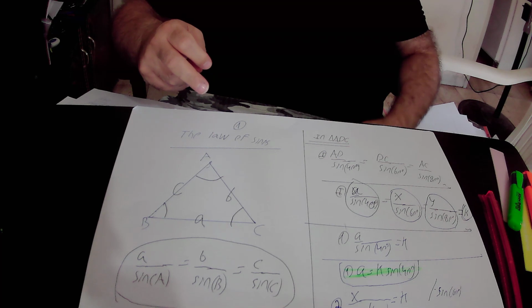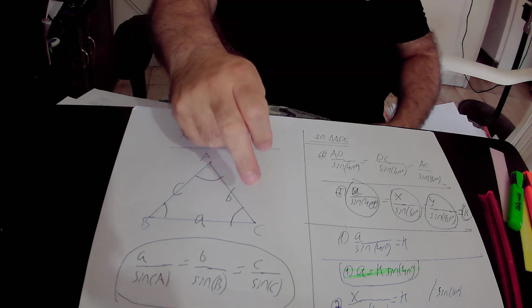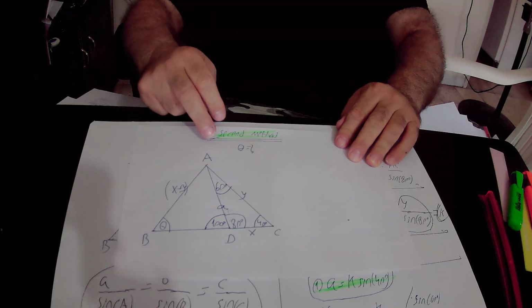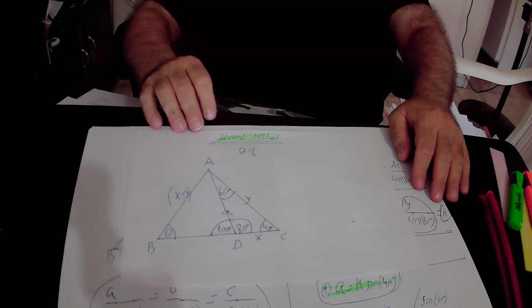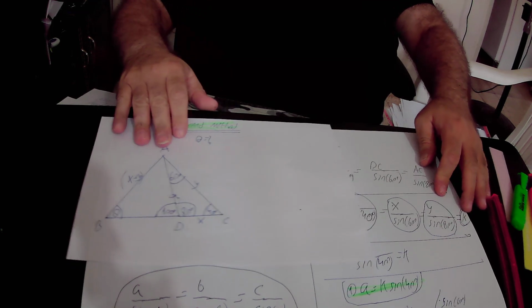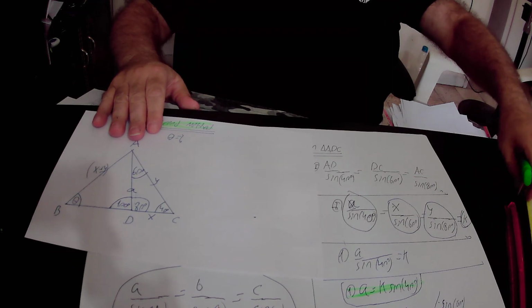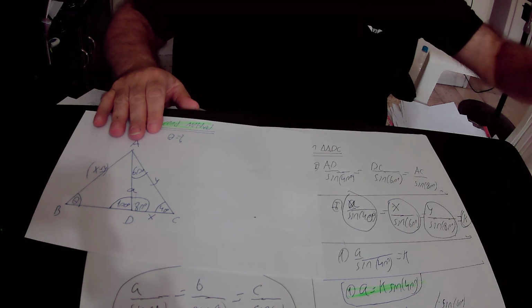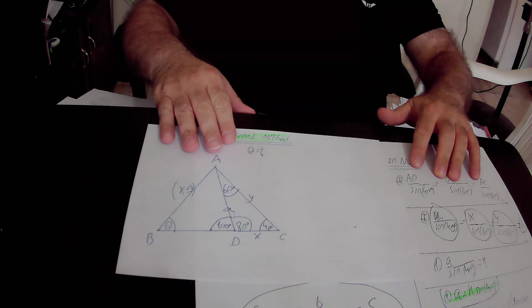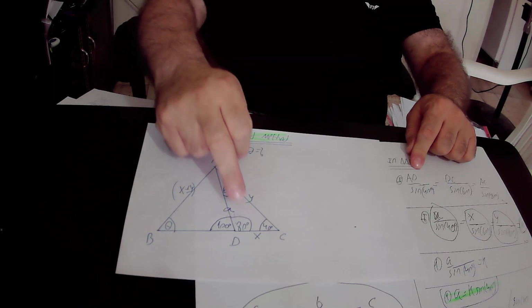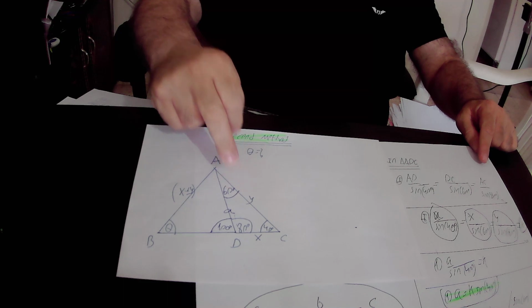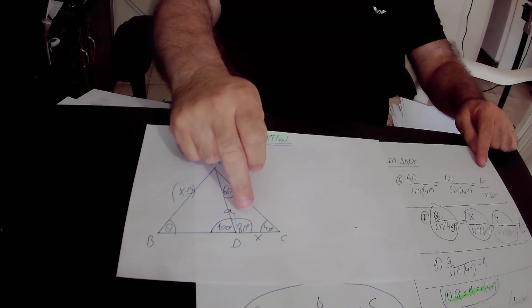Okay, so according to the law of sines, a over sine A equals b over sine B equals c over sine C. Then we implemented the law of sines in triangle ADC, and we get AD over sine 30 degrees equals DC over sine 60 degrees equals AC over sine 80 degrees.